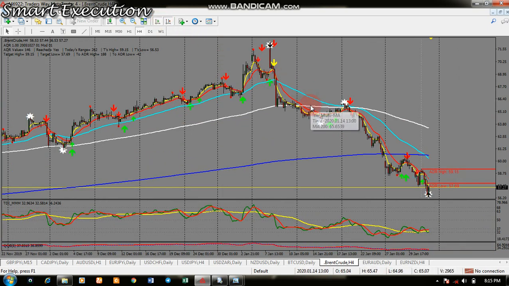Okay, so this is a whole level. This is a level 1, right? So for me, this is a level 2 right here, right? And this is a level 3. This is the H4 chart.